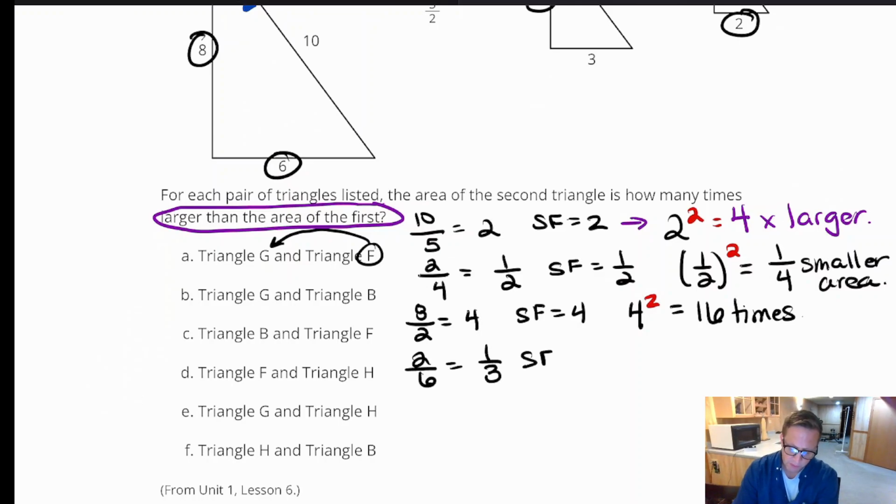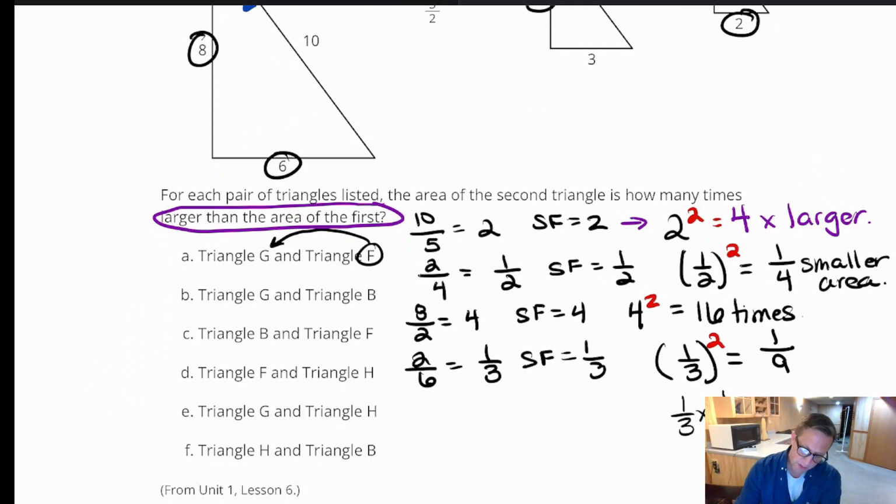So your scale factor is 1/3, and so your area is going to be 1/3 squared times larger. So that's going to be 1/3 times 1/3. In case you're wondering, that's kind of how it looks. 1 times 1 is not 2, 1 times 1 is 1. And then 3 times 3 is 9. So there you go.